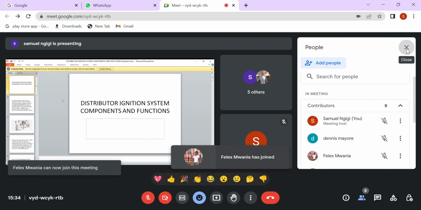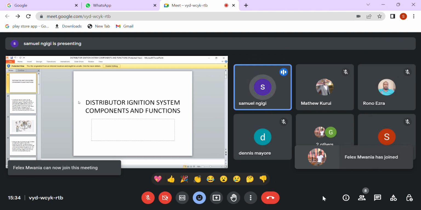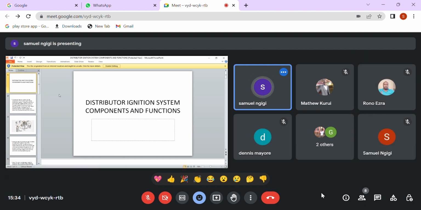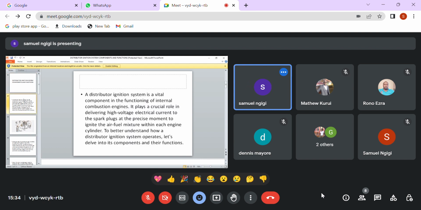Now, today's lesson, we are going to tackle a topic on the distributor ignition system. So, a distributor ignition system is a vital component in the functioning of internal combustion engines.